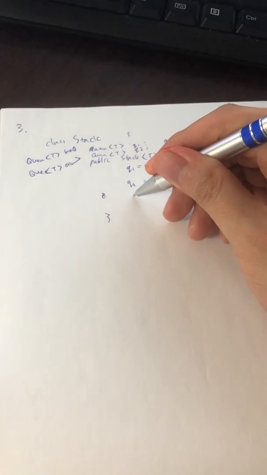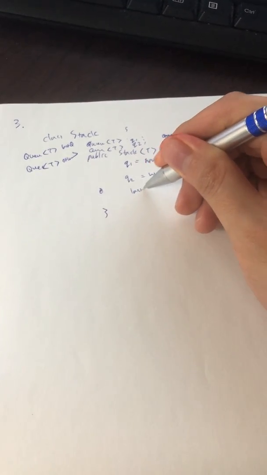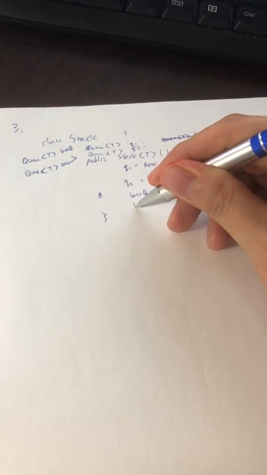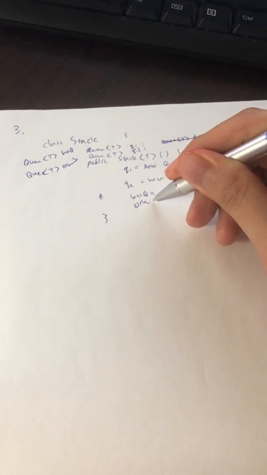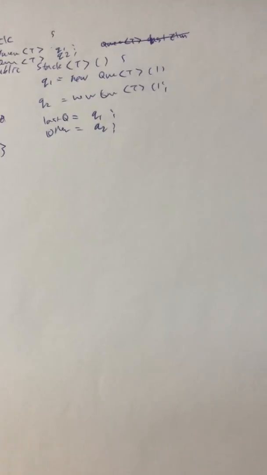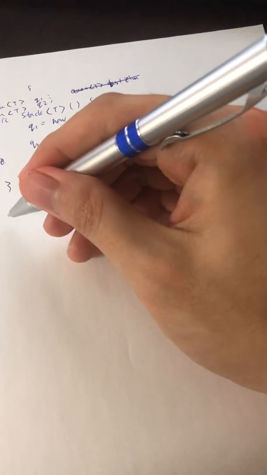First I'm going to set last queue as Q1, and other as Q2. So I have a total of four pointers pointing at two queues.